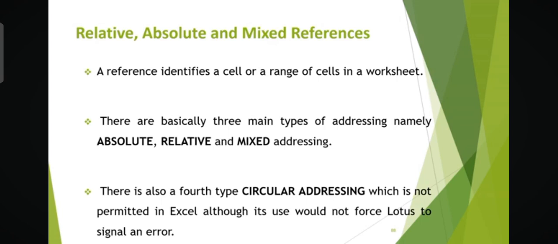And there's also a fourth type known as circular referencing, which we are not much concerned with here. But whenever we talk about circular referencing, it means that with the way we are selecting the range, if we are trying to sum out the values in that range into a particular cell, and that cell itself is part of the values we are summing out, then we are doing circular cell referencing.